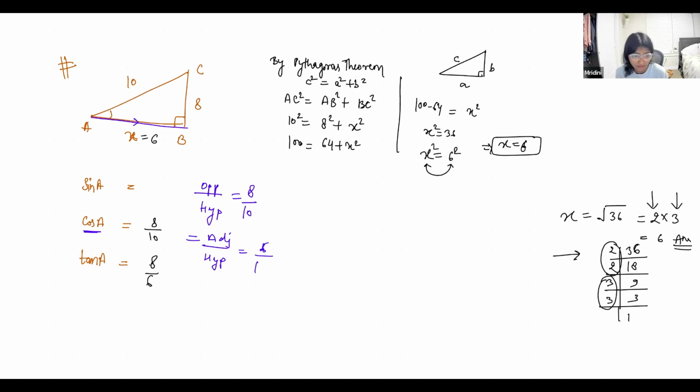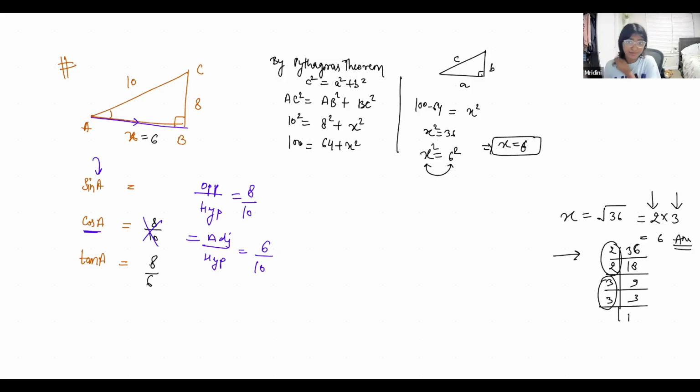I mixed it up. So not 8 over 10 for cosine. I have not changed the angle. The angle is the same for all, A. Clear?